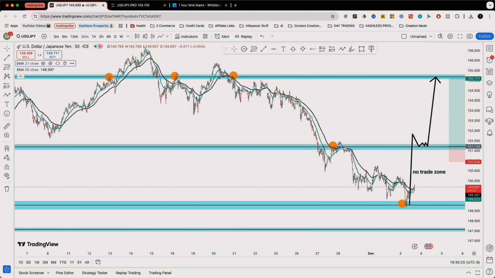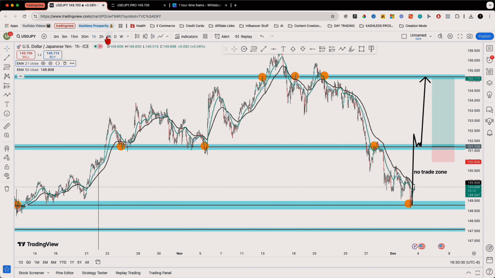And so what you want to look for, let's go ahead and hop out on the higher time frames. Let's go to the 4-hour really quick. And so what I'm looking for is confluence. Confluence is basically multiple confirmations, so you can actually have a higher probability trade. So I'm looking for 3 confirmations, right?